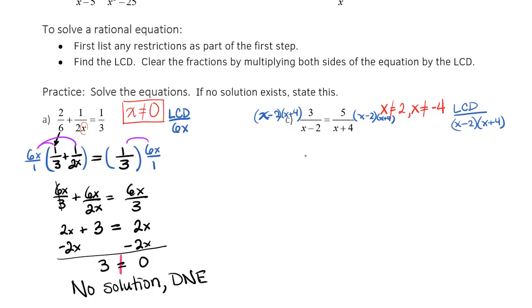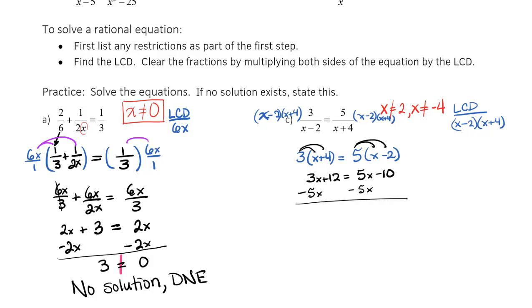My x - 2's divide out on the left, and I have 3 times (x + 4) = 5 times (x - 2). I'll distribute my numbers via multiplication, and I'll have 3x + 12 = 5x - 10. I'm going to subtract 5x from both sides, and I'm also going to subtract 12 from both sides.